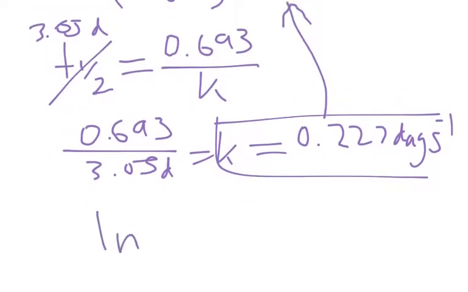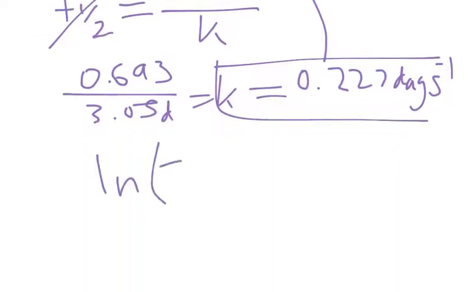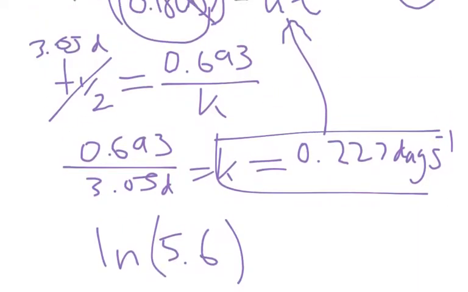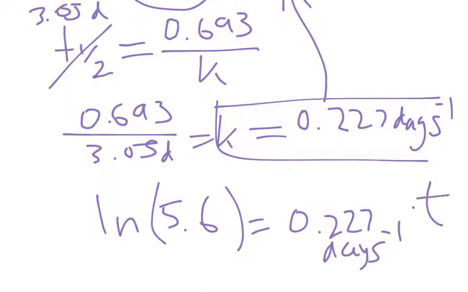So ln of this, let's do some simplification. We know that the concentrations of A, or the activities of A, cancel out, so we're left with 1 divided by 0.18, and we get around 5.6. Now we have 5.6, and this is equal to 0.227 days to the negative 1 times the time.